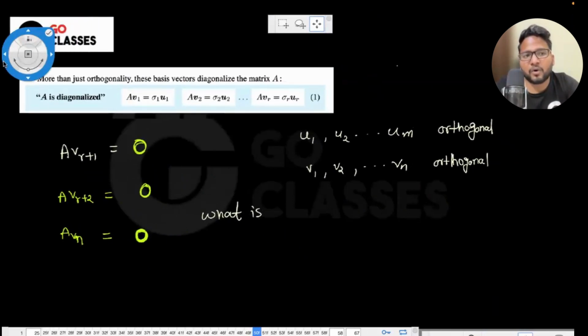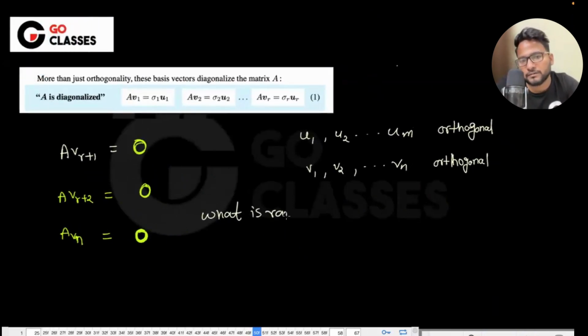Now you tell me, what is the rank of the matrix? If there are r non-zero singular values, then what is the rank of A, assuming r non-zero singular values?